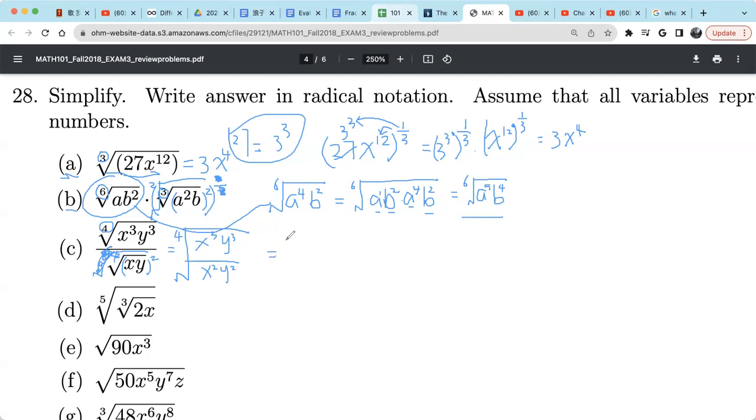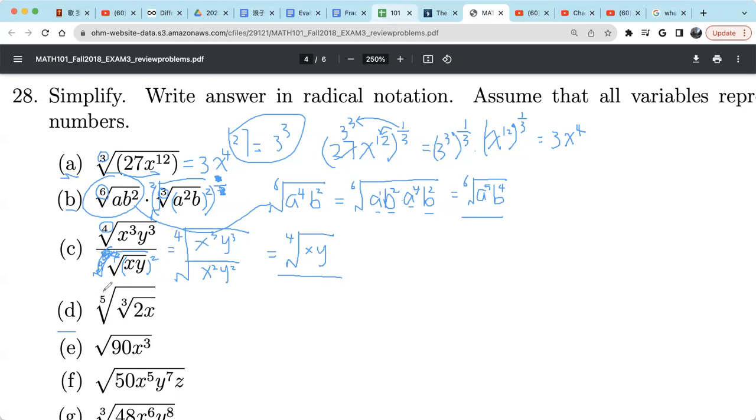Well, now we can simplify because they are all under the 4th root. X raised to 3 divided by x squared, same base. Division indicates subtraction of the exponents. So 3 minus 2, that's 1. So for x, we just have x raised to 1. Same thing for y, because 3 minus 2 is 1. So the answer for C is the 4th root of x times y.